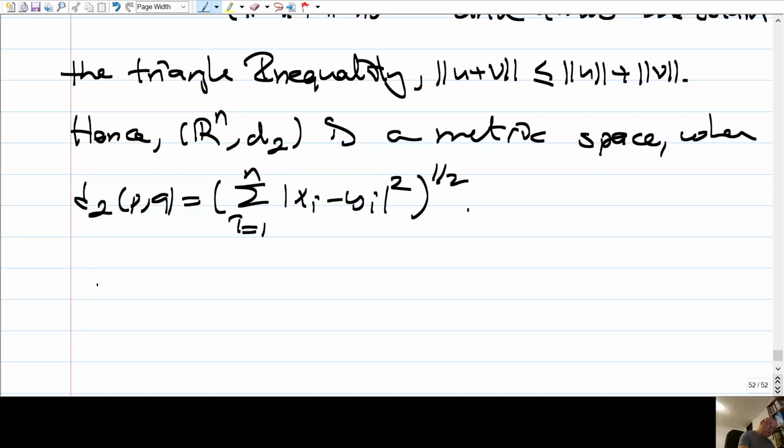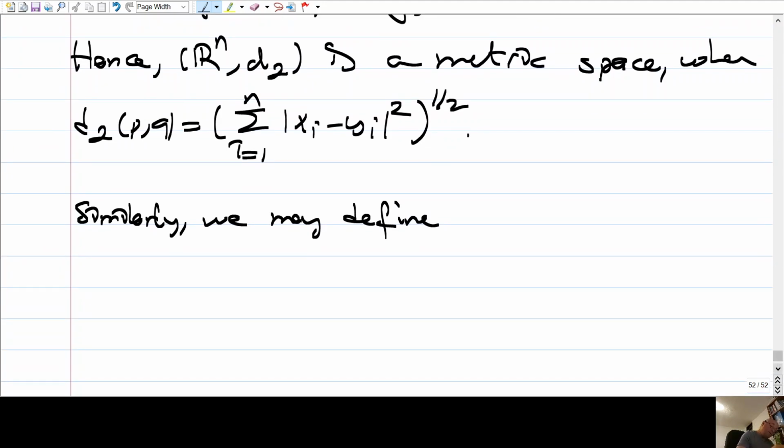We may define similarly D1, and D rho, and D infinity as follows.